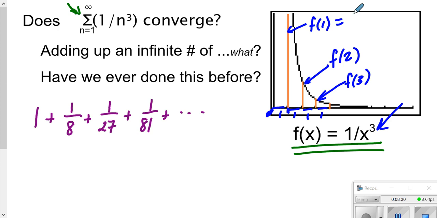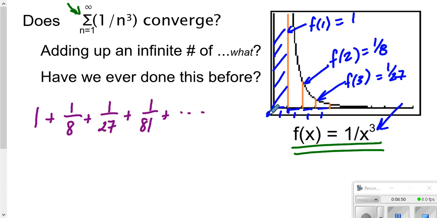And those are exactly the terms of this series. So if I were to find the area of the different rectangles and add them up, that would be equivalent to adding up the terms of this series.